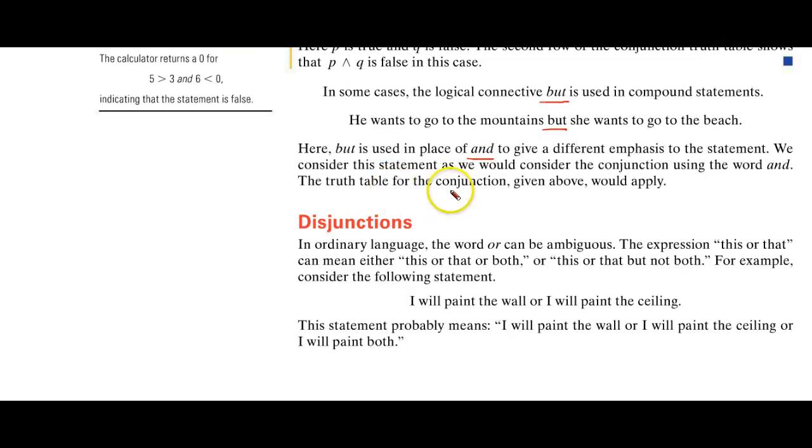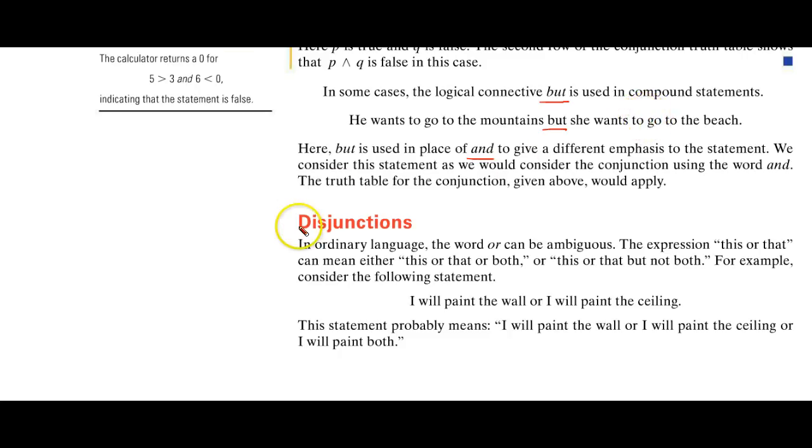The truth table for the conjunction above would apply. Can these both be true? Now this would create maybe a family argument, but if he wants to go to the mountains, that would be a true statement, and she wants to go to the beach, that would be a true statement. Then the conjunction would be a true statement.